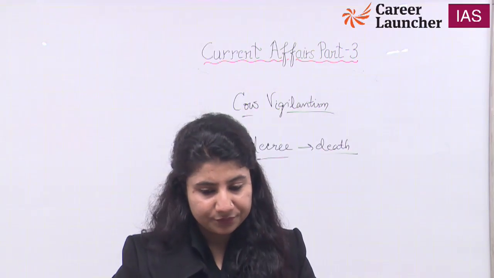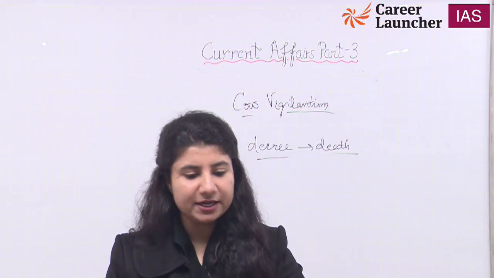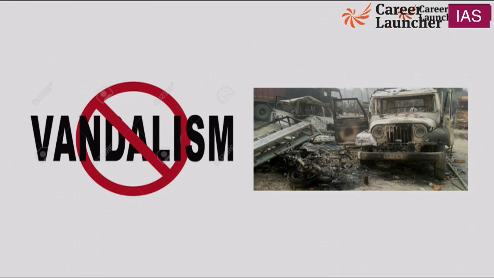We can see. Another kind of mob violence is vandalism. When you think that the government is not responding to your needs, your desires, your demands, what can you do? You can uproot the railway tracks, burn property, burn the train, anything you want, you can just go and break it.